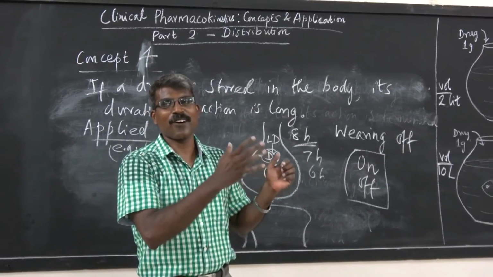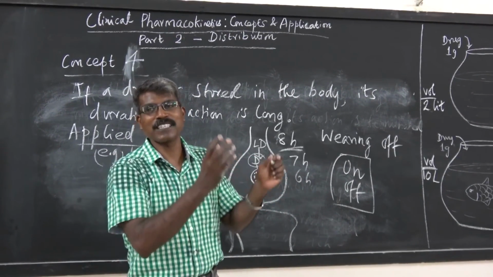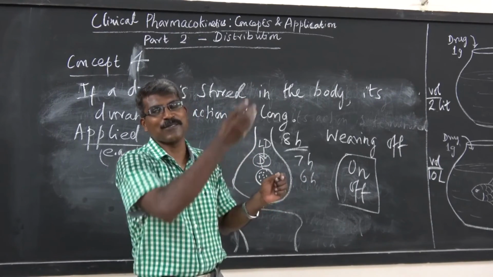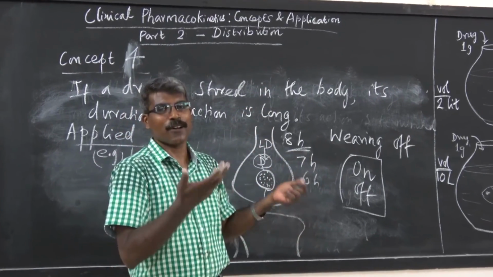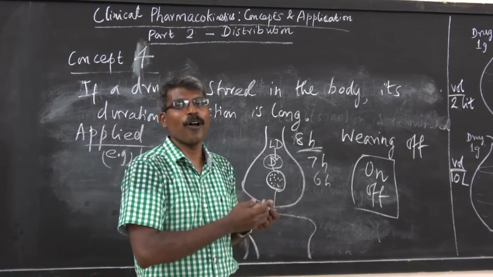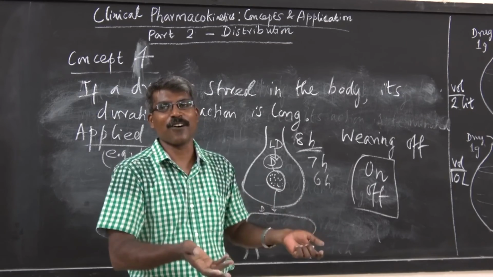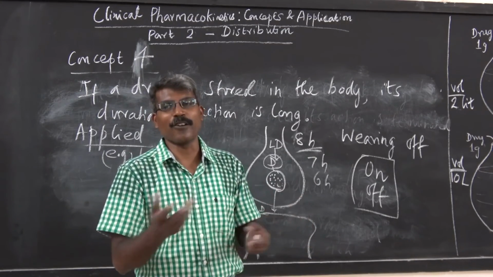Once there are enough neurons, it acts for 8 hours, and as the number of neurons keeps on reducing, the duration also keeps on reducing. What was 8 hours becomes 7, 6, 5, 4, and at some time there are no neurons that can store dopamine, so all the dopamine from levodopa acts, which is called the on period, and later on it's just off. That gives the on-off phenomenon.